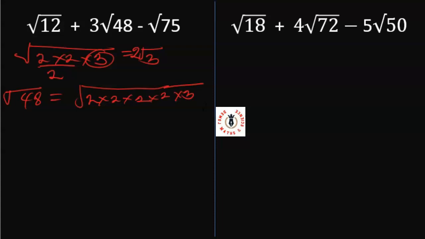So I can now pick 2, pick another 2, then I have 3 left. So root 48 is the same thing as 2 times 2, that's 4 root 3.